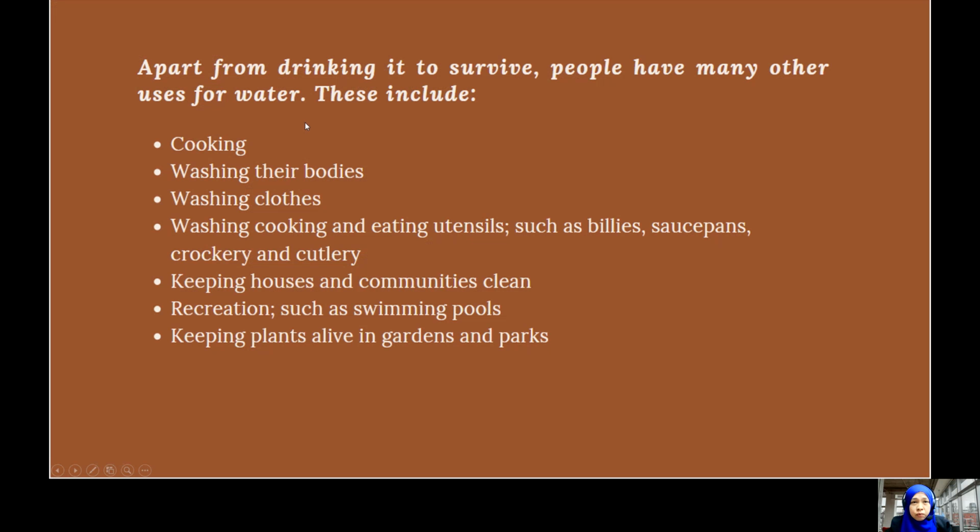Apart from drinking to survive, people have many other uses for water. These include cooking, washing our body, washing clothes, keeping house and community clean, recreation such as swimming pool, and keeping plants alive in gardens and parks.